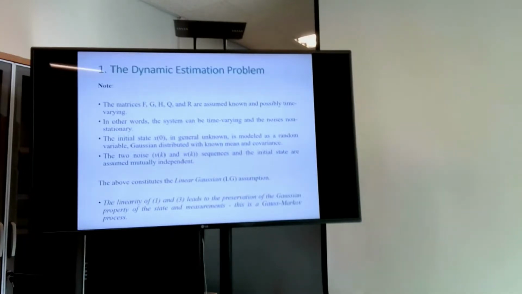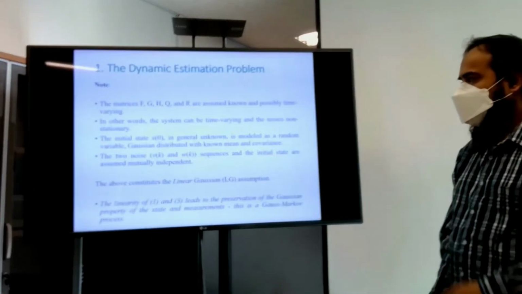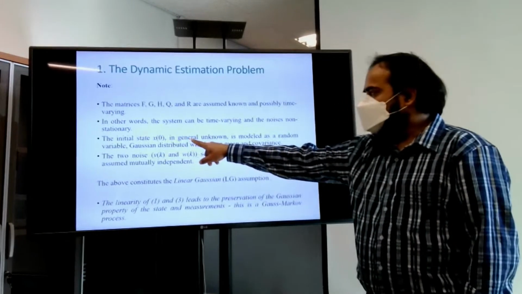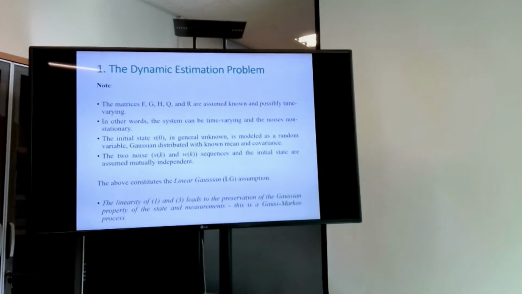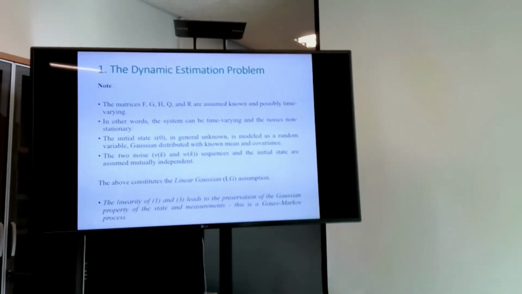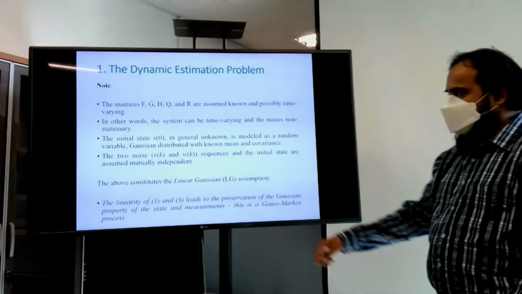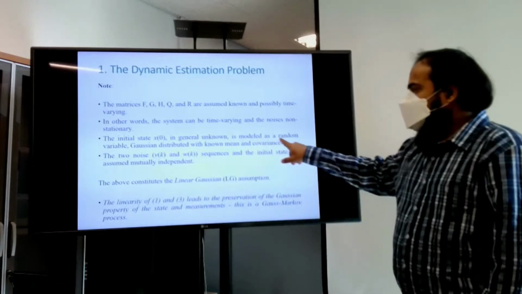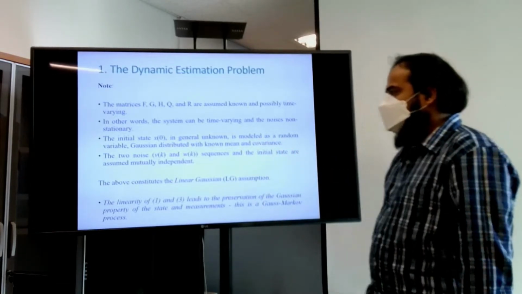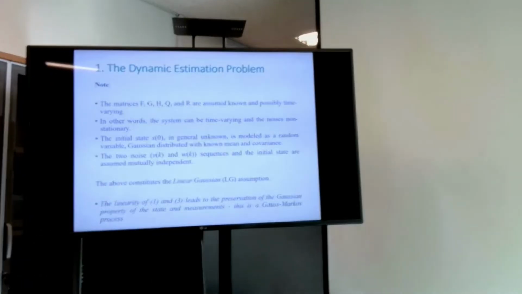So the matrices F, G, H, Q, R are assumed known and possibly time varying. In other words, the system can be time varying and the noise is non-stationary. The initial state x0 is in general unknown and is modeled as a random variable. When we start the problem, we do not know the initial state, but it is modeled as a random variable, Gaussian distributed with a known mean and covariance.